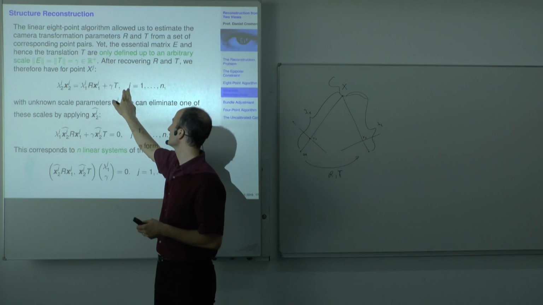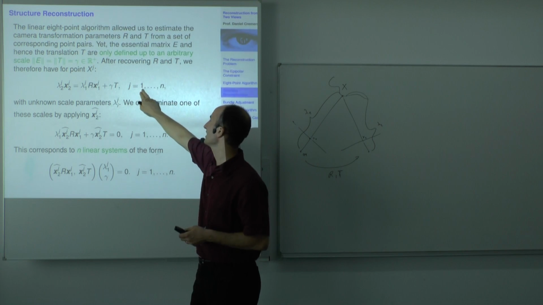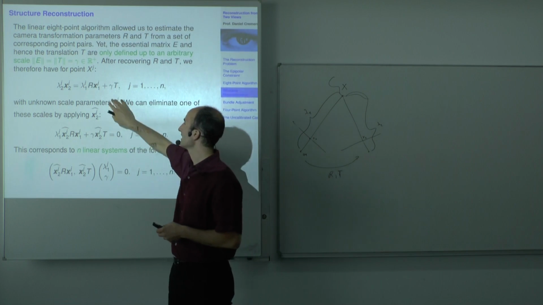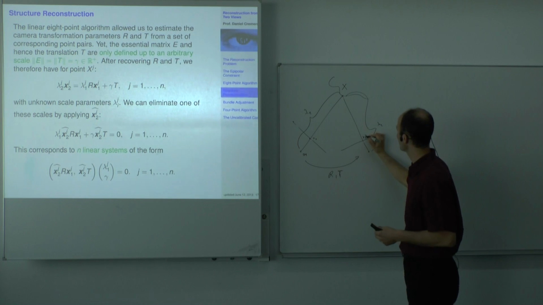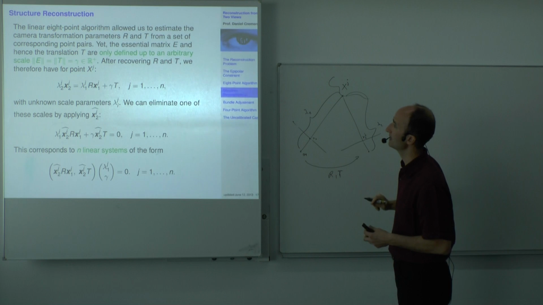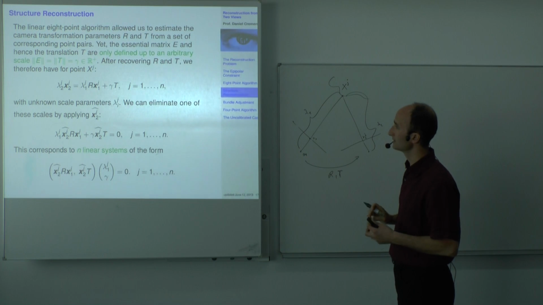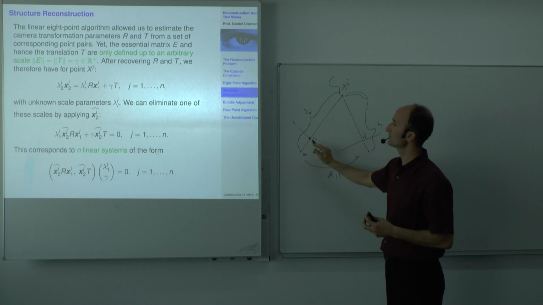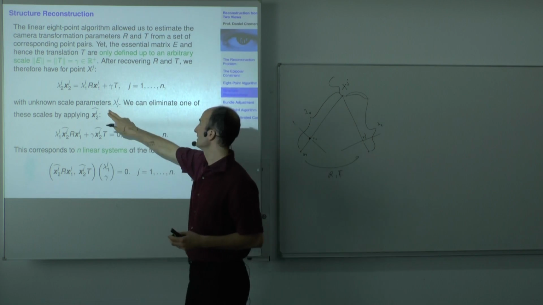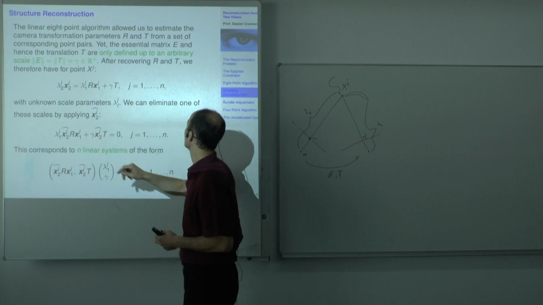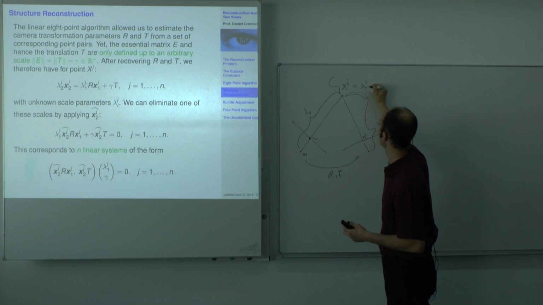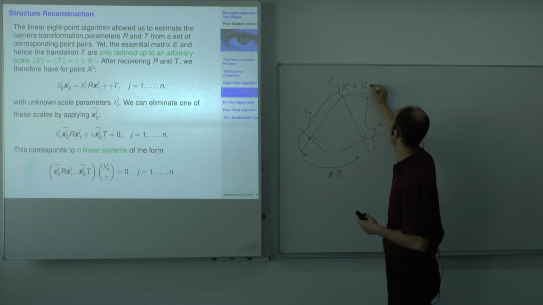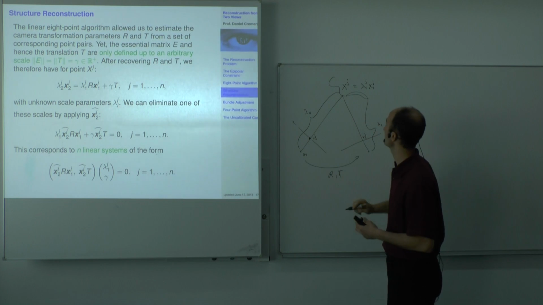And so here for all n points, j going from 1 to n, we have these equations for the second image. So this is x2 for the point j, here we have xj. And then if we relate these parameters, we see that lambda 1 xj1 is nothing but large X. So this is lambda 1 for the j-th point times x1 for the j-th point, little x1, this is x1j.